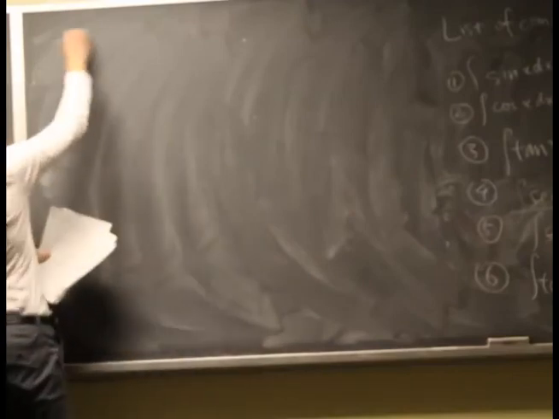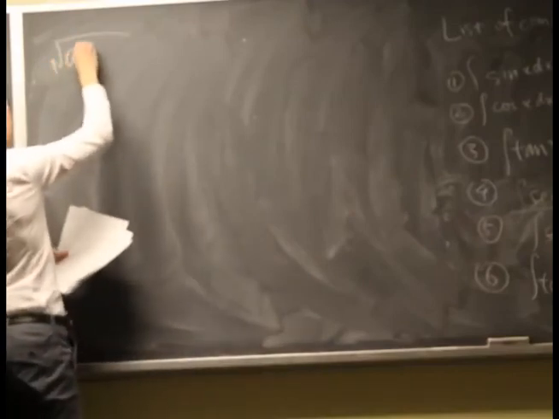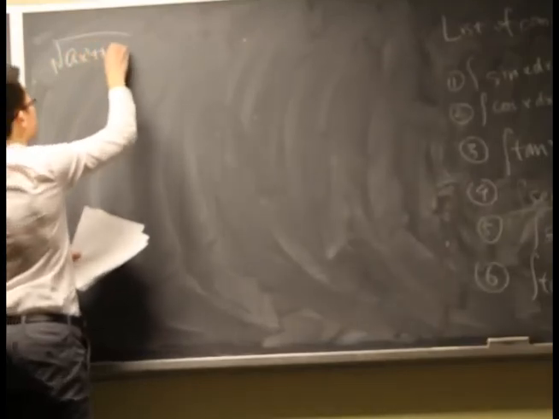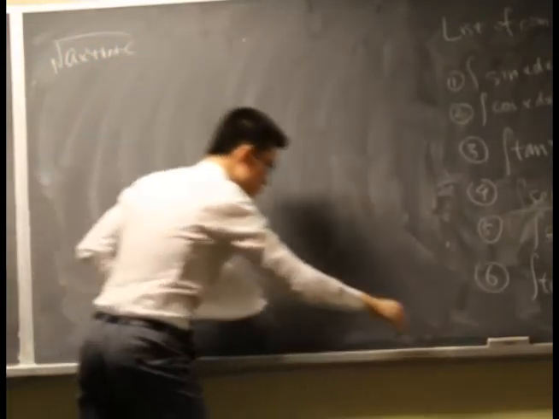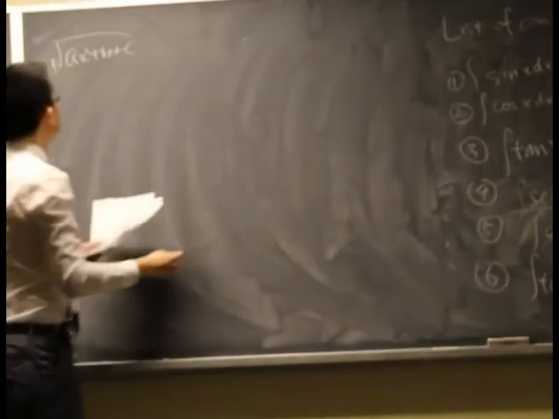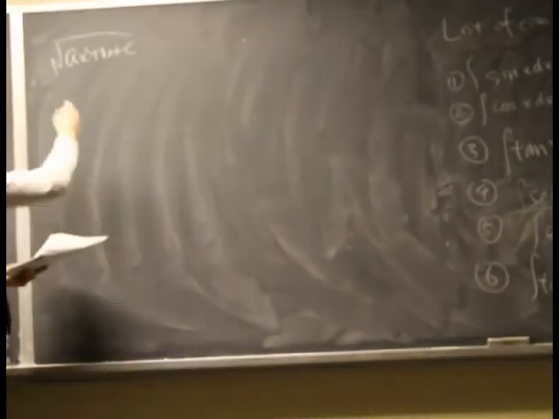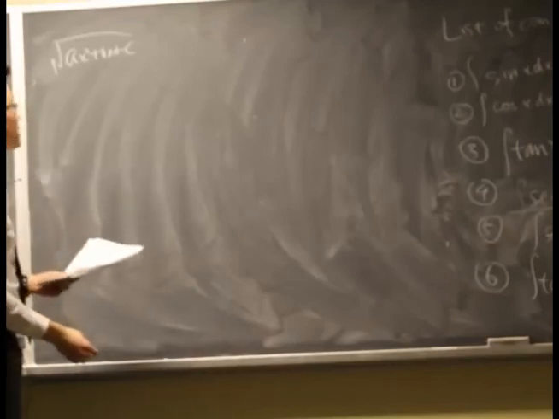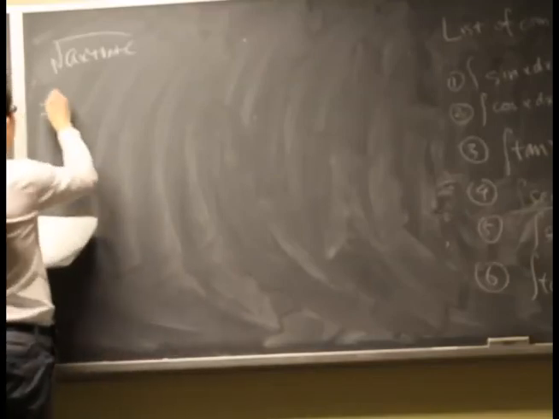Let's say we have the form square root of ax squared plus bx plus c. This isn't as nice. We can't scale everything down and just get rid of the linear term. That prevents us from using the trigonometric substitution directly. So what we have to do is complete the square.